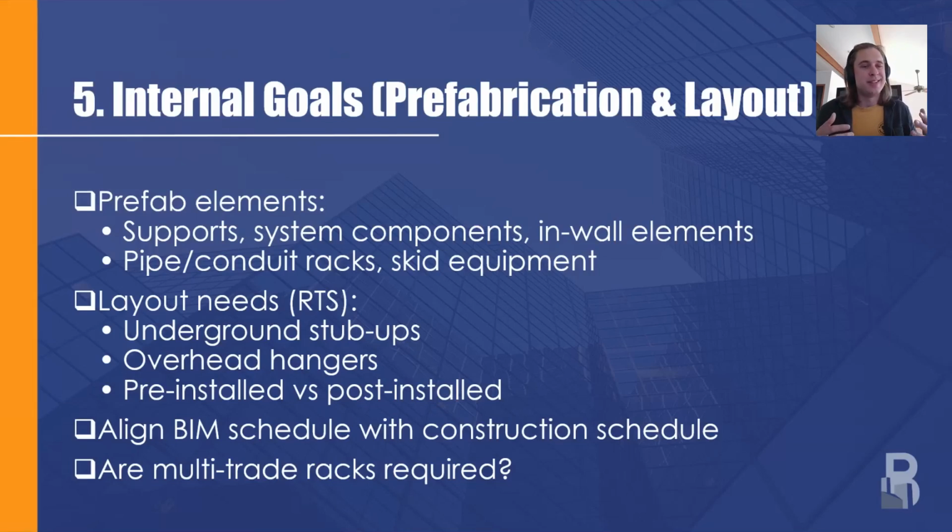The next one is layout. So if you've coordinated all of your supports to date within the model, then you have points for all the supports going back to structure.